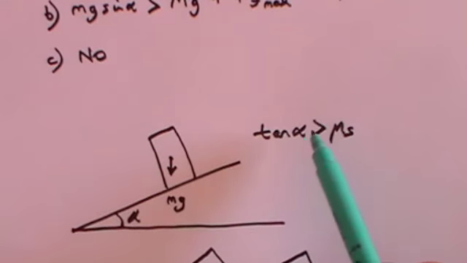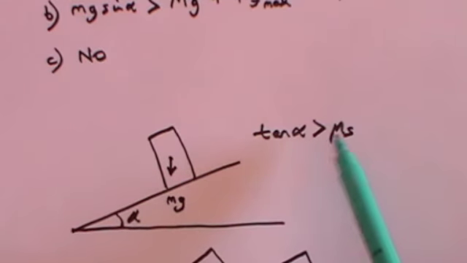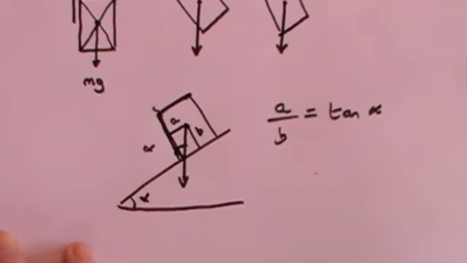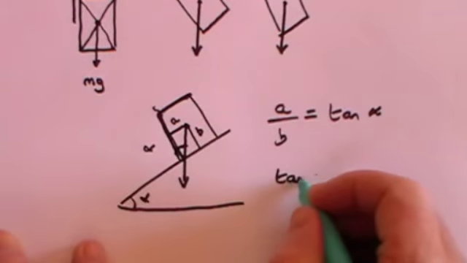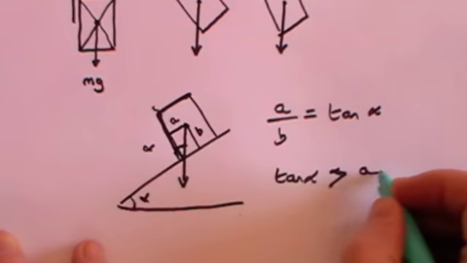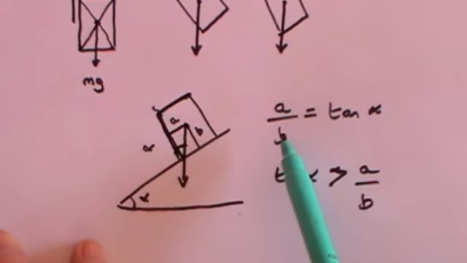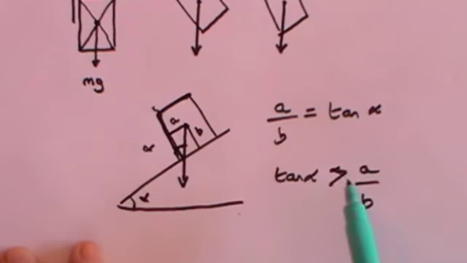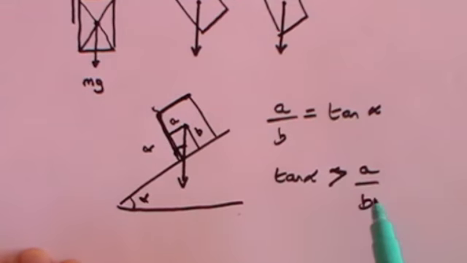So now you've got the condition. In order to slide, the tangent of alpha must be greater than mu s. In order to topple, the tangent of alpha essentially must be greater than A over B, because at A over B it's on the verge of toppling. If it gets greater than that, it will topple. So you've just got to find out which angle is the lower.